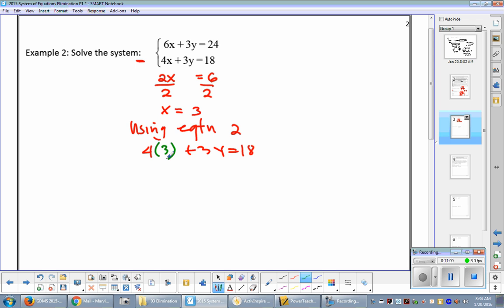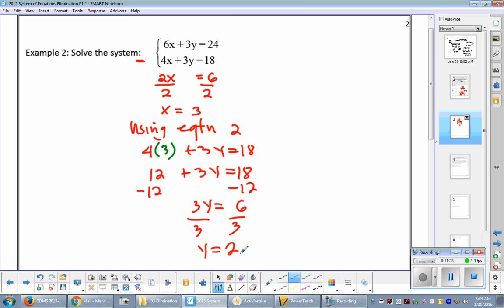Then we will be able to solve our y. 4 times 3 will give us 12 plus 3y equals 18. Solving for y, we have to subtract 12 from both sides. We'll get 3y equals 18 minus 12, which is 6. Then divide by 3 on both sides. We'll get y equals 2.